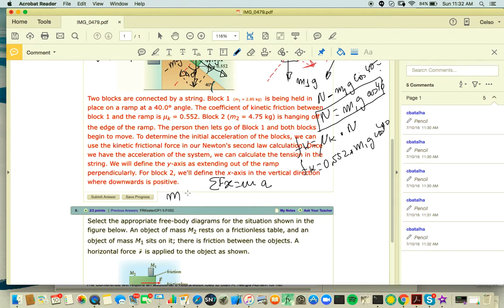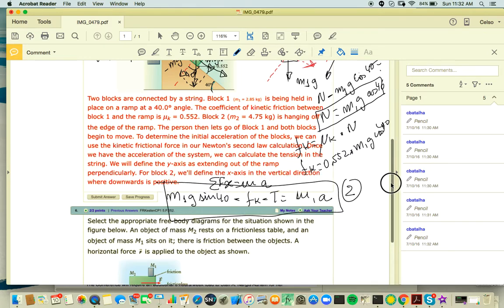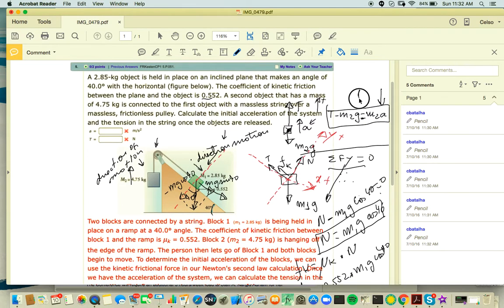We have the gravity force m1g sine of 40, minus the frictional force, minus the tension force. And this is equal to m1 times a. And here we hit our second equation. This is the second equation, number 2. Number 1 is right here.